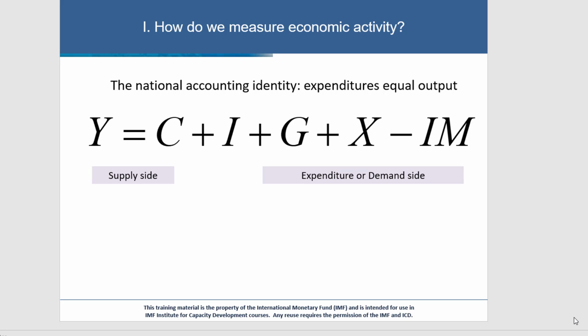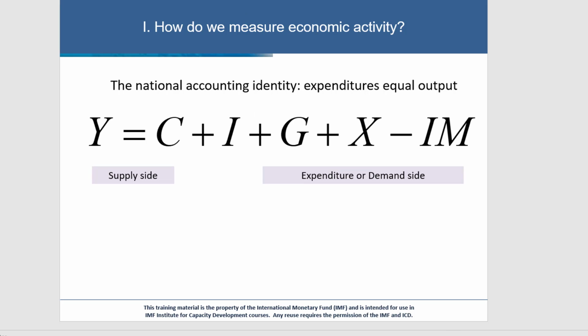Hello, everyone. I want to give you a little slice of how we build up the expenditure side. Sometimes we call it the demand side, but really I think it's better the expenditure side of GDP.